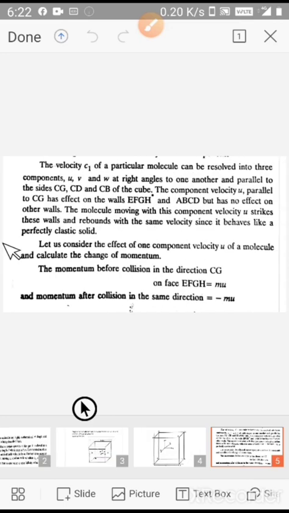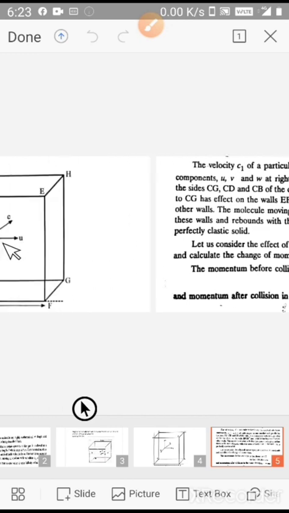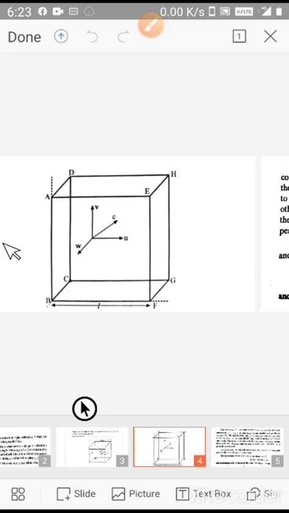The velocity of the particles may be characterized as C1, C2, C3 for different molecules, but for each molecule the velocity can be resolved into 3 components which are at right angles to each other and parallel to the sides of the cube, CG, CD and CB, as shown in the figure.